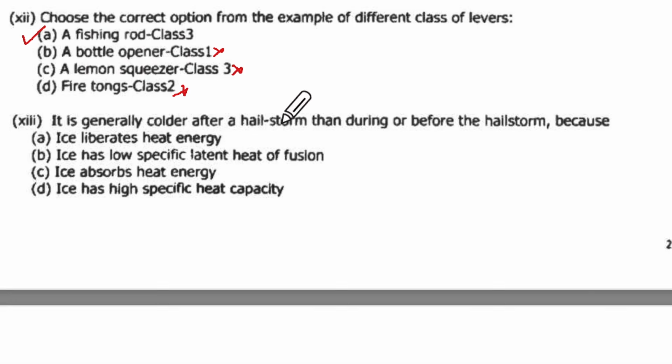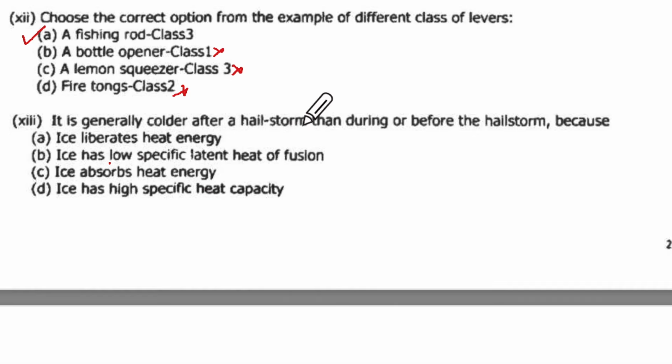It's generally colder after the hailstorm than during or before the hailstorm because ice liberates heat energy. No, it has high specific latent heat of fusion. Ice absorbs heat energy. Ice has a high specific heat capacity, no. Water has high SHC.